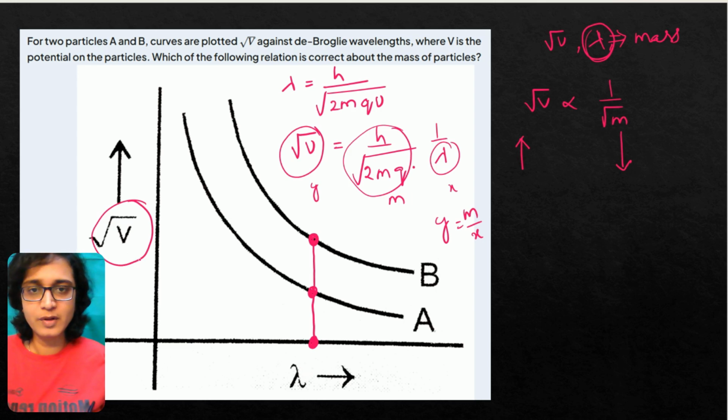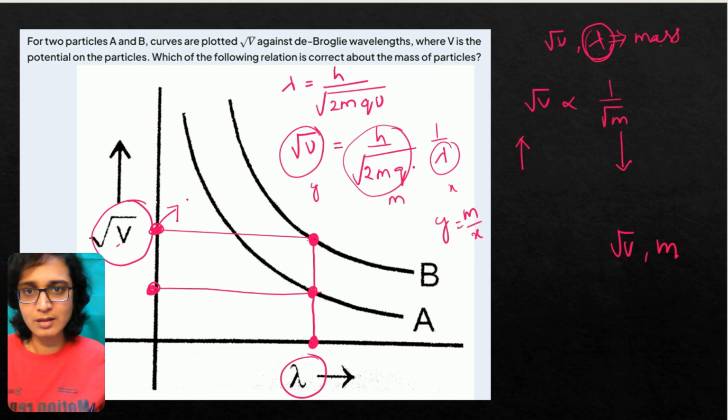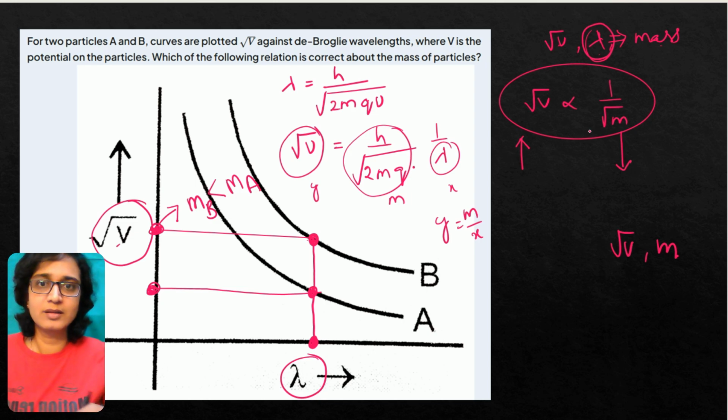You can keep even root v also. After fixing, see the relation with root v and m. So root v and mass are inversely proportional. If root v is increasing, mass will be decreased. So root v is increasing in case of B, right? See here the maximum value, this is the minimum value. If root v is maximum here, the mass will be minimum. Mass of B will be minimum compared to mass of A, because they are inversely proportional. That is the answer.